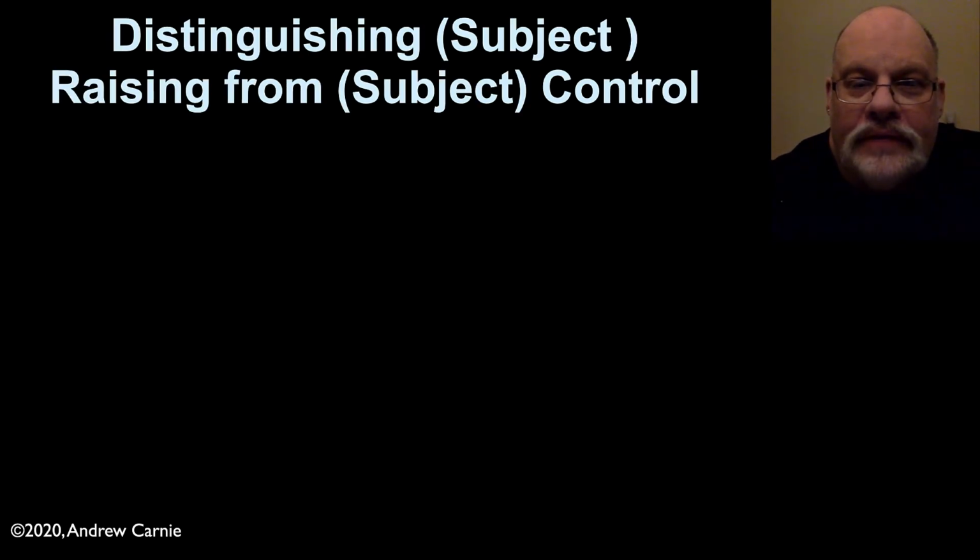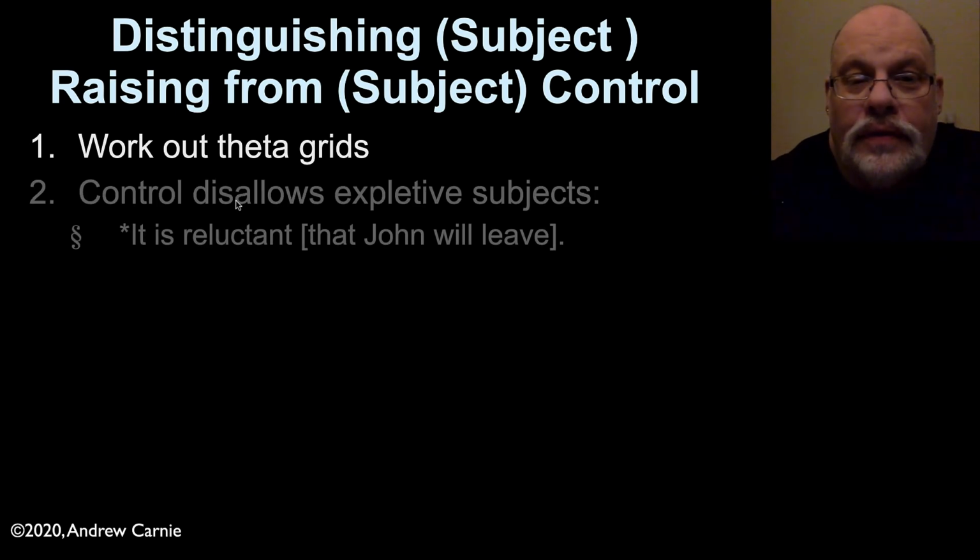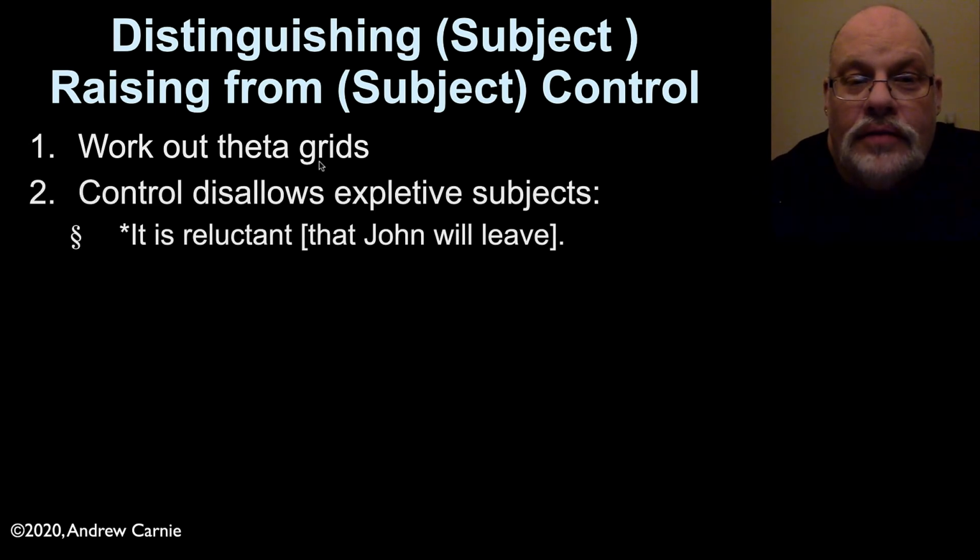Now there are several tests we can use to determine whether something is subject to subject raising or subject control. The first thing you can do is work out the theta grids. Just as we did a minute ago, control constructions involve an external theta role. Second thing you can do is check to see whether it allows an expletive subject or not. Expletive subjects are only allowed in raising constructions because these are non-thematic positions.